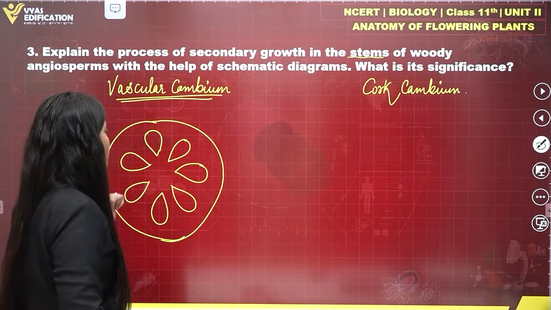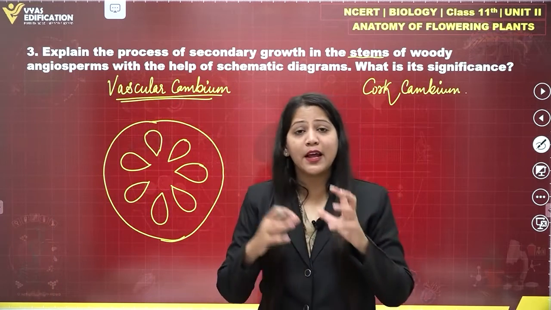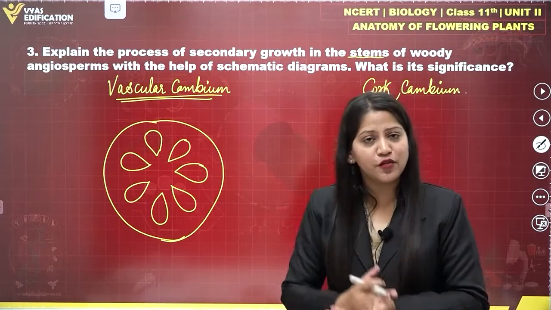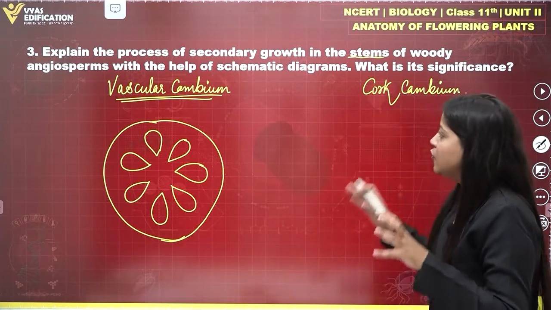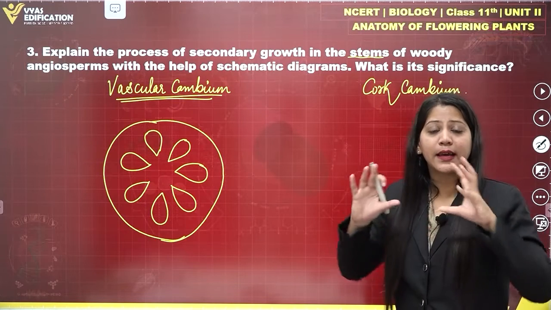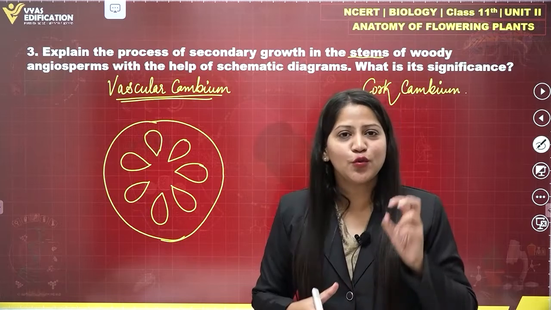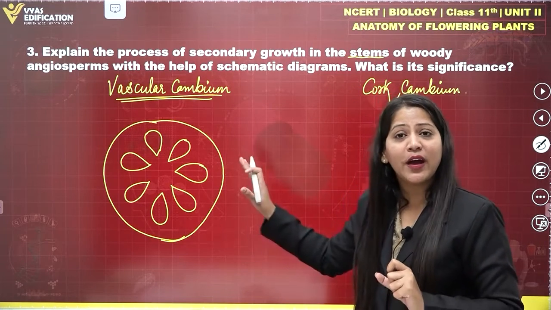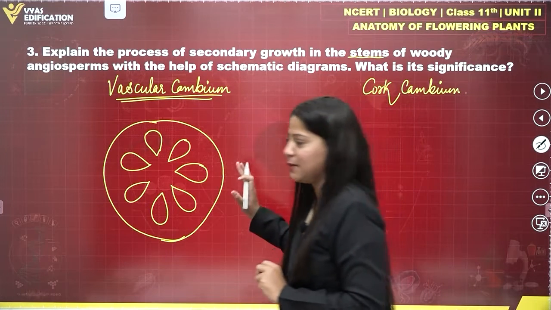So secondary growth occurs in angiospermic dicots, and we are talking about the process of secondary growth in angiospermic dicot stems, right? This process takes place with the help of two types of cambia, Cork Cambia and Vascular Cambia, and we are drawing the schematic diagram for Vascular Cambium here.